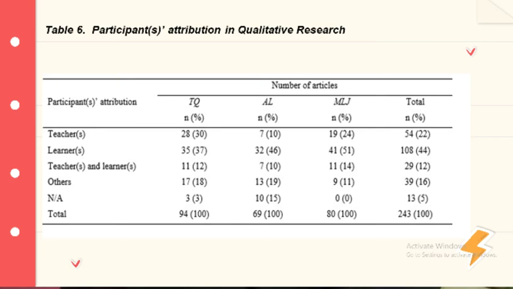Also, some papers had more than 2 attributions, pushing the total number to 243. This is not a surprising result, given that qualitative research is often employed when dealing with participants' experience and perception. You can see the number of participants, and I think you only have to see the total of the participant attribution in qualitative research.